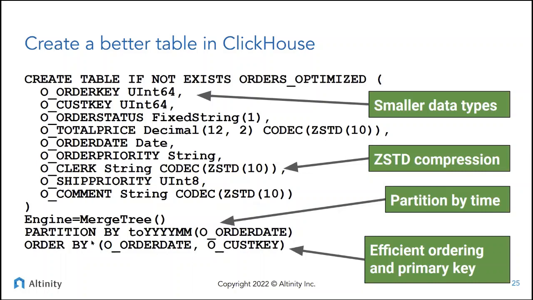And then finally, the order by, I picked one: order it by the order date, so it's time ordered, and the customer key. This means that for queries that have anything to do with the date on which the order is made or the customer who made it, we're going to find them really quickly. So that's very efficient and will cause us in some cases to get also much better compression.